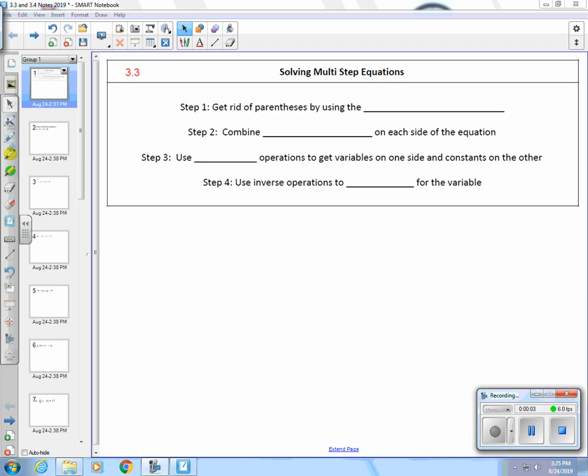We're working on section 3.3, which is to solve multi-step equations. The first step in solving a multi-step equation is you want to get rid of your parentheses, and you do that by using the distributive property.